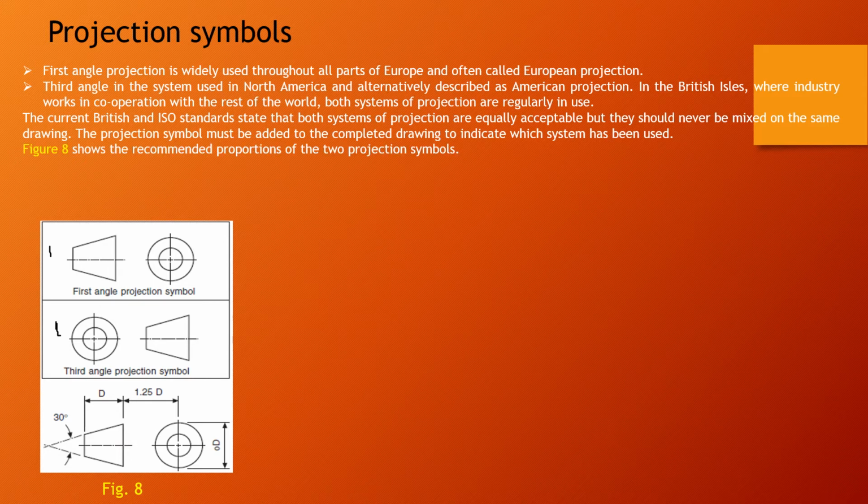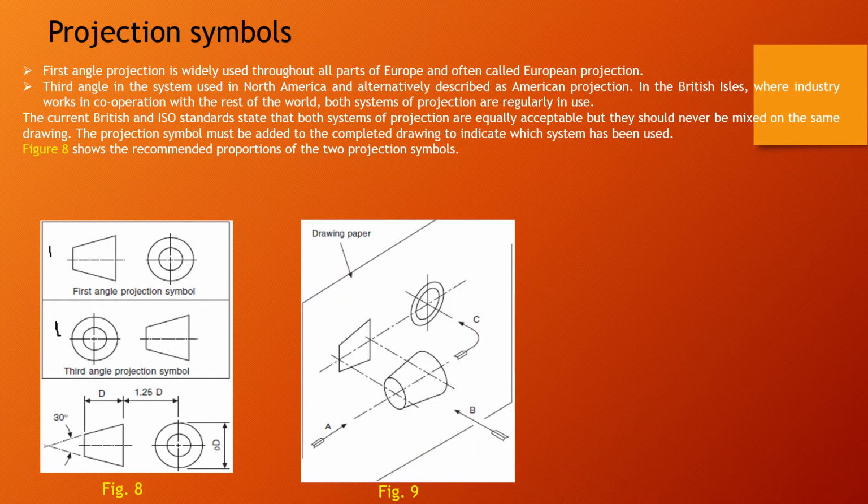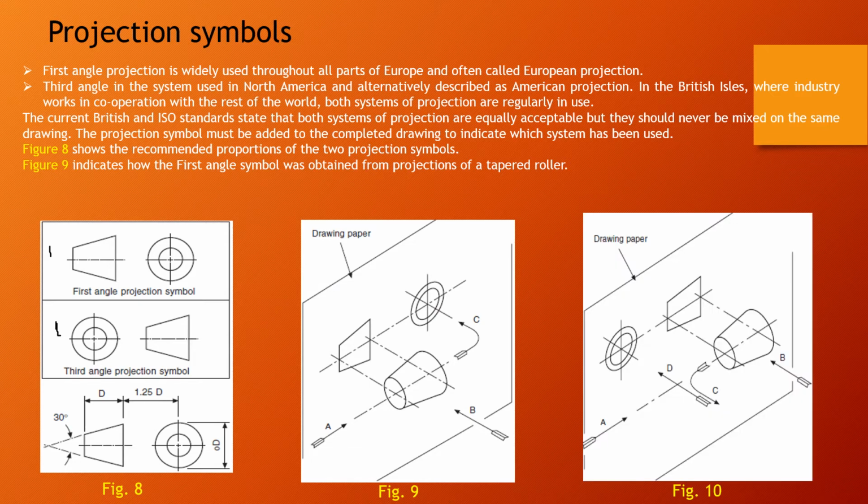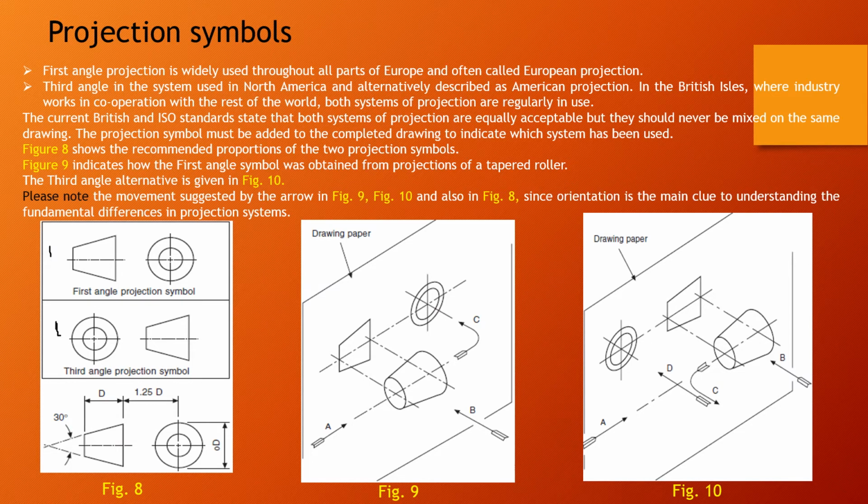Figure 8 shows the recommended proportions of the two projection symbols, and figure 9 indicates how the first angle symbol was obtained from the projection of a tapered roller. And the third angle alternative is given in figure 10. You can see it as well.